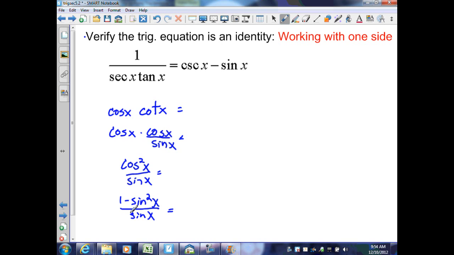Then I can break this up into its two terms over the common denominator of sine x. That would give me 1 over sine x minus sine squared x over sine x.